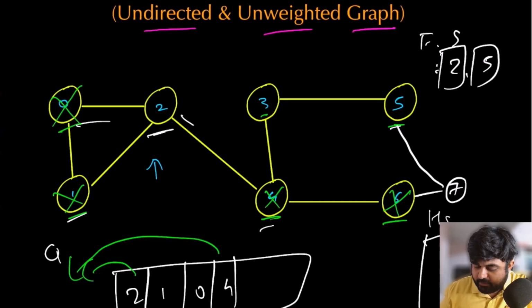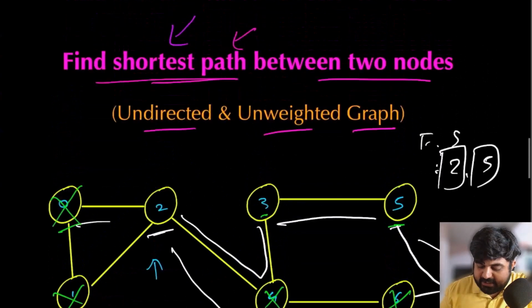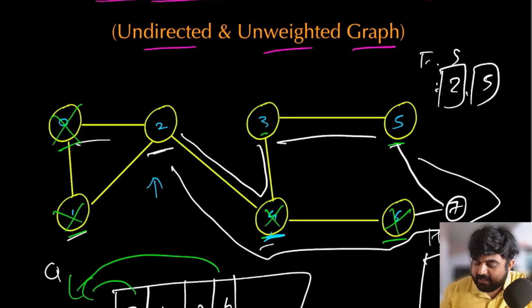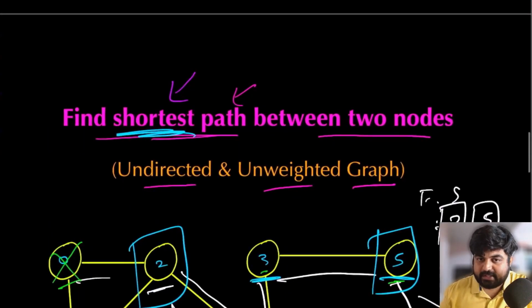First path is 2, 4, 3 and 5. Second path is 2, 4, 6, 7 and 5. But in both the cases, we need to find the shortest path, and that is quite simple to find. We would only check how many neighbor jumps or hops we need to take in order to reach from value number 2 to value number 5, and this would allow us the shortest path.